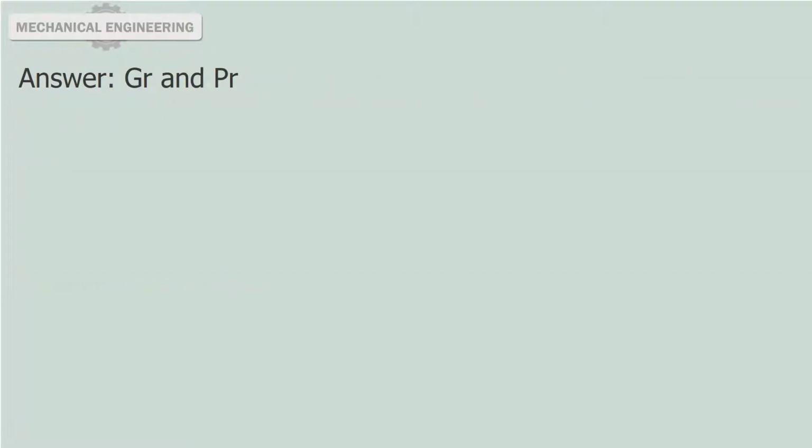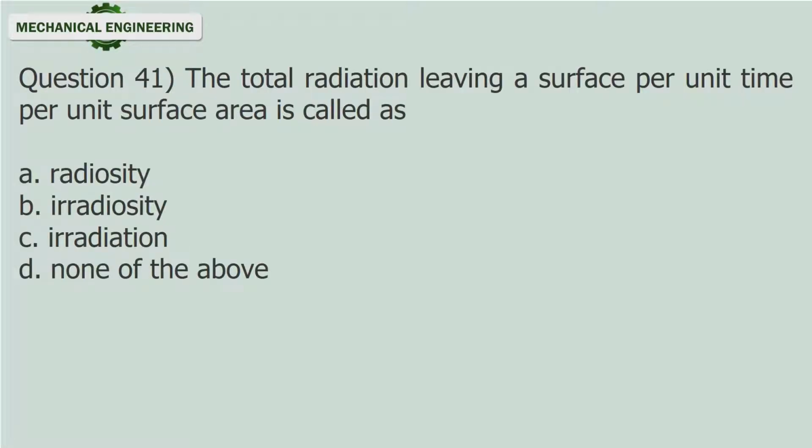Answer: Gr and Pr. Question 41. The total radiation leaving a surface per unit time per unit surface area is called as A. Radiosity. B. Irradiosity. C. Irradiation. D. None of the above.